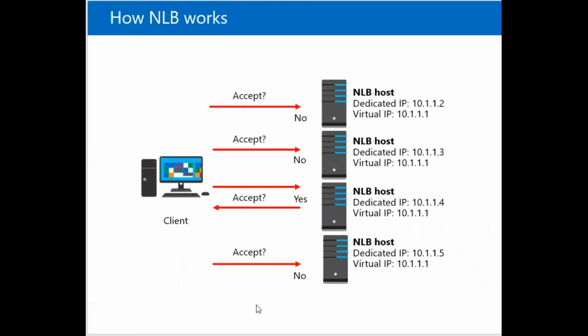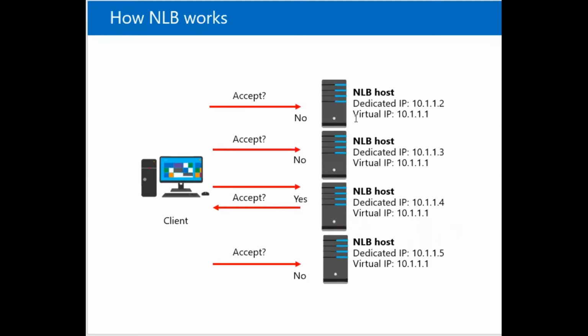So how does NLB function? A client wants to access the cluster application. The client will go to this host. If this is busy, it will go to the other one. If that is busy, it will go to the other one. If it is available, the client will go through that node.